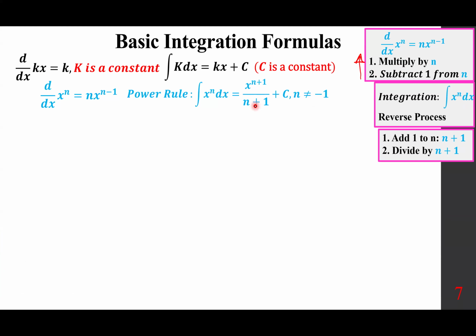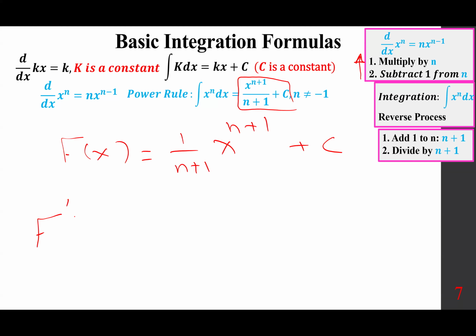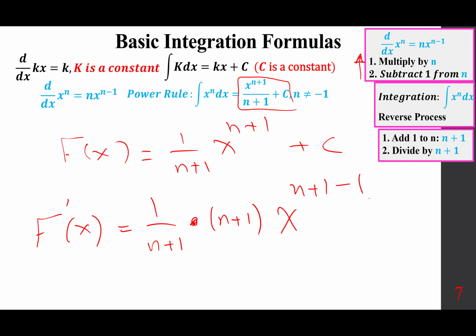Of course, we can prove that if we differentiate this. All we have to do, class, is call this expression capital F of x, 1 over n plus 1, x to the power of n plus 1, and a constant, and differentiate that. It gives you 1 over n plus 1 times n plus 1, x to the power of n plus 1 minus 1, and as you know, plus the derivative of a constant, which is 0.